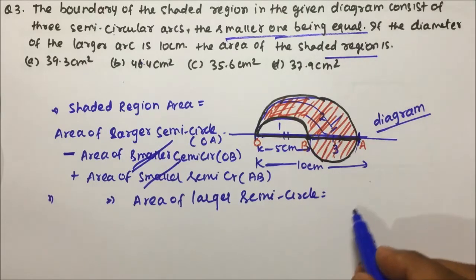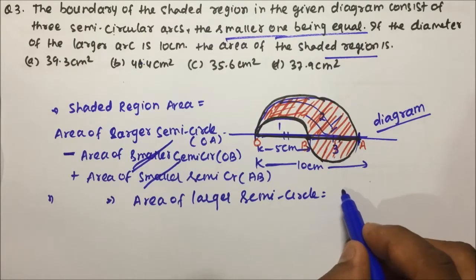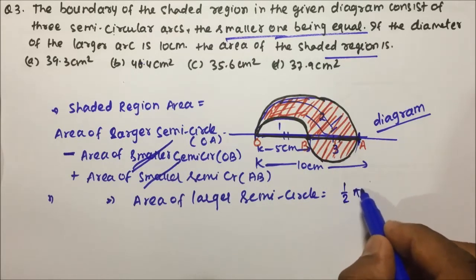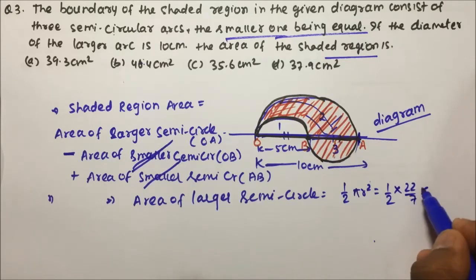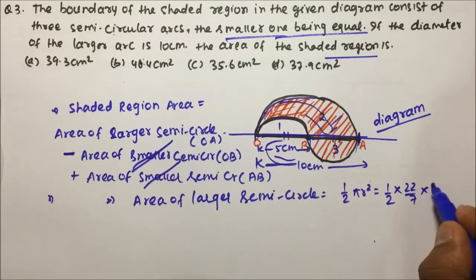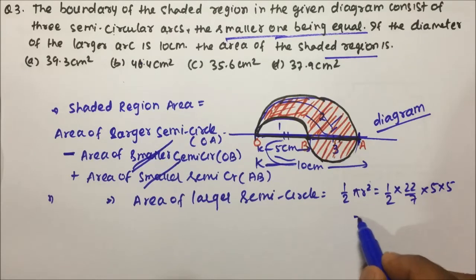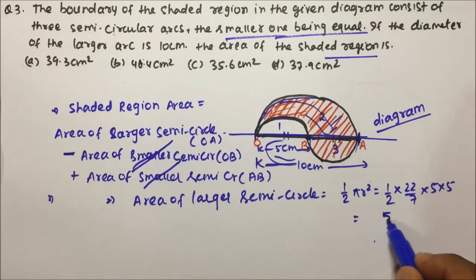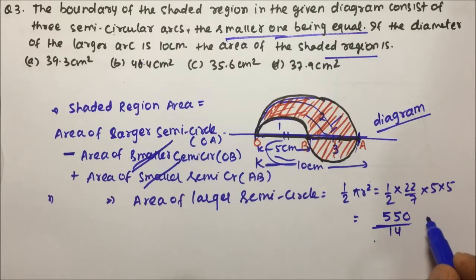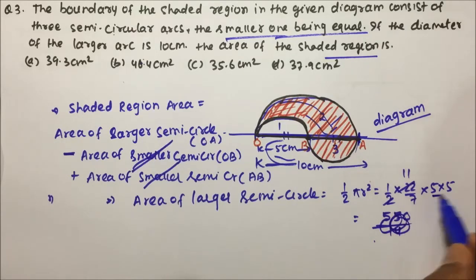which will be equal to the area of a semicircle, nothing but half pi r square. So 1 by 2 into 22 by 7 into radius 5 into 5. So 22 into 25 will be 550, and 550 divided by 14. Anyway, we could have divided this: 11 into 25 will be 275 by 7.